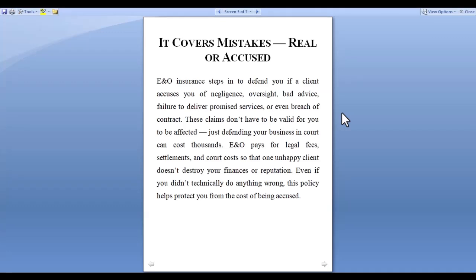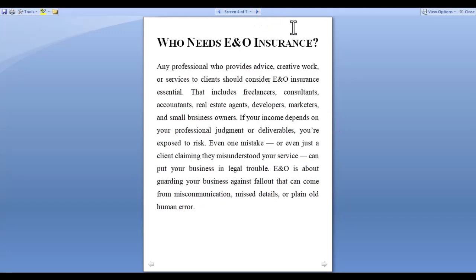Just defending your business in court can cost thousands. So E&O pays for legal fees, settlements, and court costs so that one unhappy client doesn't destroy your finances and reputation. Even if you didn't technically do anything wrong, this policy helps protect you from the cost of being accused. So now let's go to the next page.